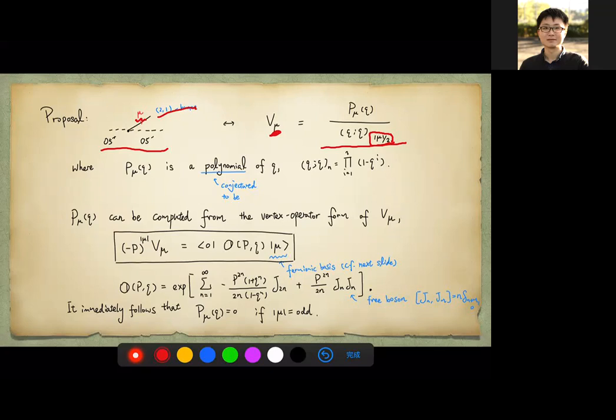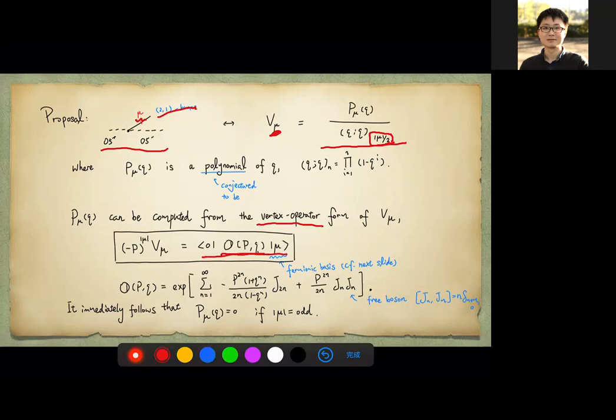Our proposal says that this P mu is expected to be a polynomial. It can be computed from a vertex operator, O. We call it the O vertex, and it's this kind of expectation value of the O vertex.